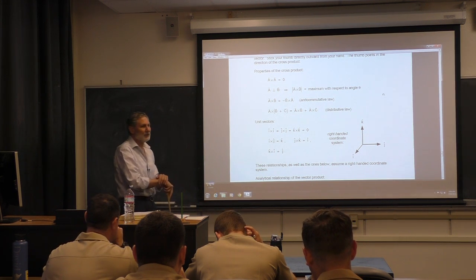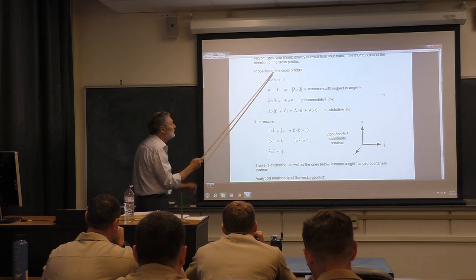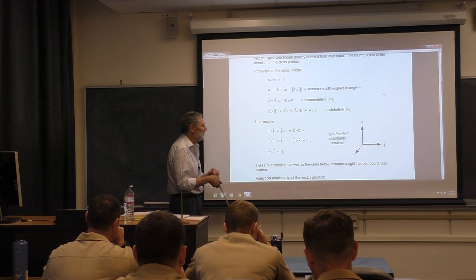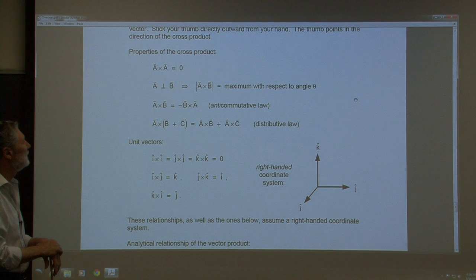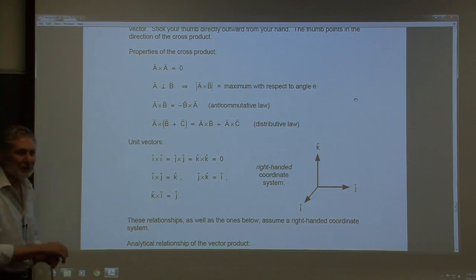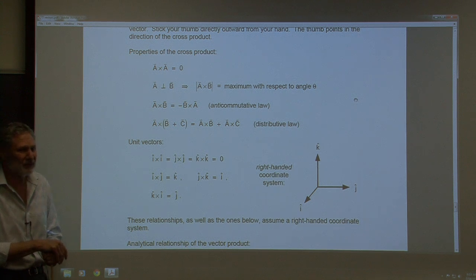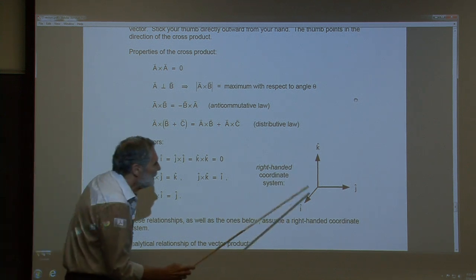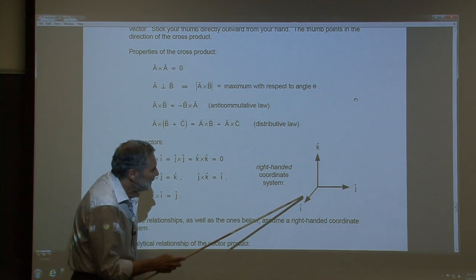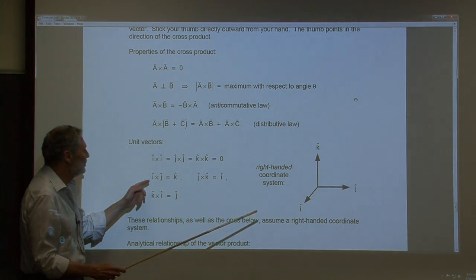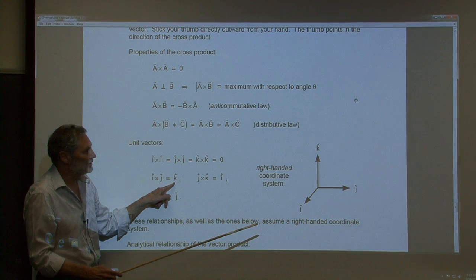Now a word of warning here. Not all of it, but nearly all of this is only true in what we call a right-handed coordinate system. Everyone uses, by convention, a right-handed coordinate system. What do they mean by that? It means that i cross j is equal to k, not minus k.